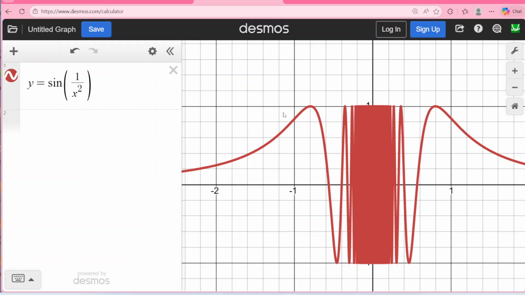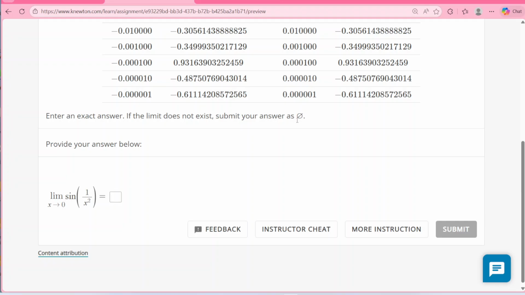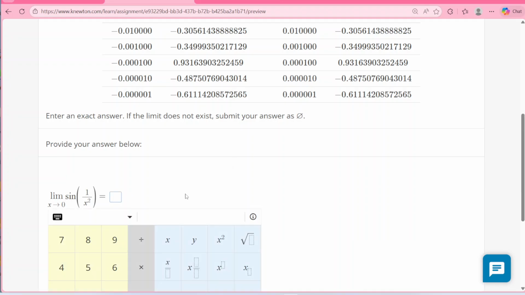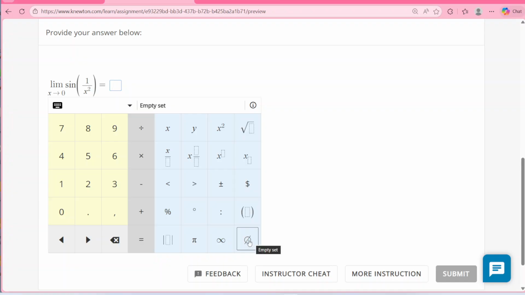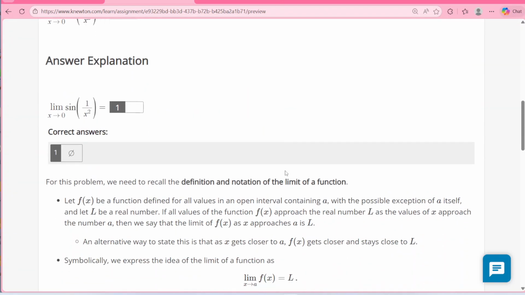So because the graph is not approaching one specific point at 0, we'll say this limit does not exist. Okay, so I'm going to enter this circle with the slash thing, which should be in the keyboard, and submit. Now let's read through their explanation.